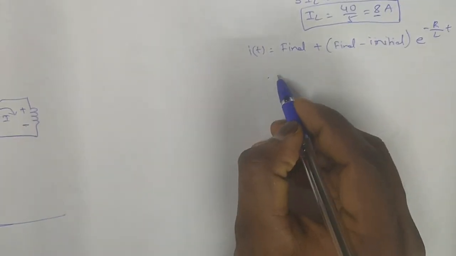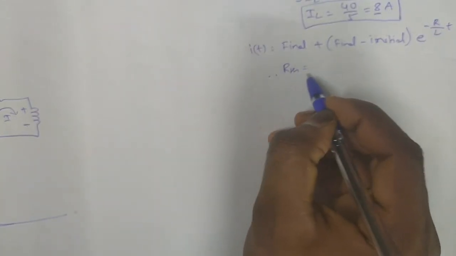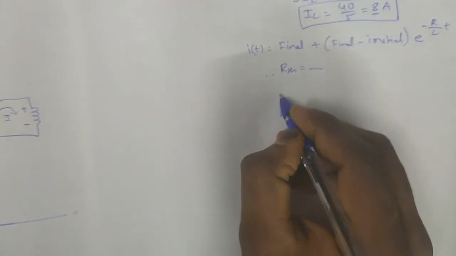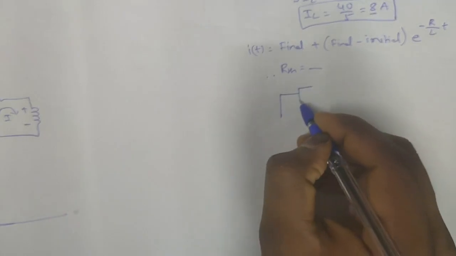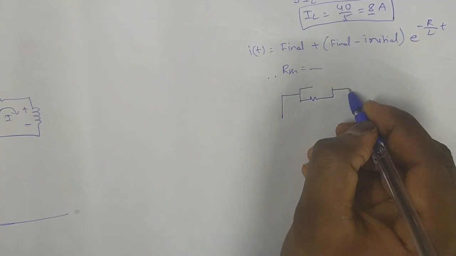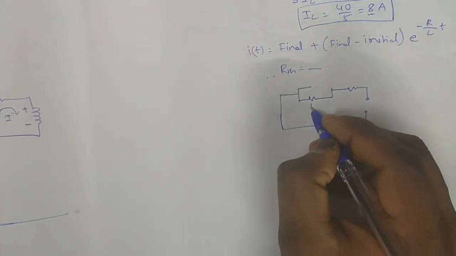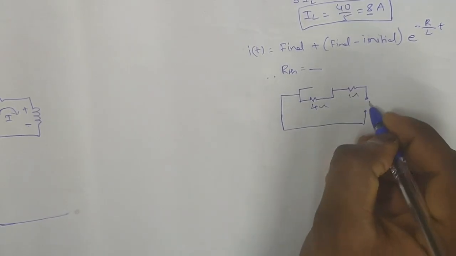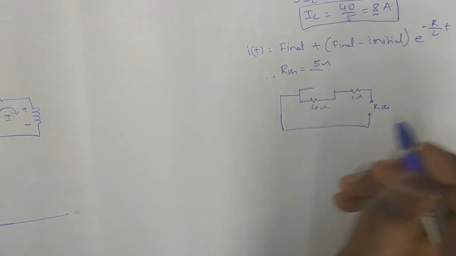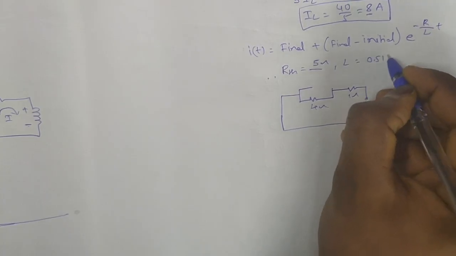R will be RTH. As for the Thevenin, we know how to calculate it by short circuiting all voltage sources. So this is 4 ohms, this is 1 ohm. RTH is 1 plus 4, it is 5 ohms. L is, from the question, 0.5 Henry.